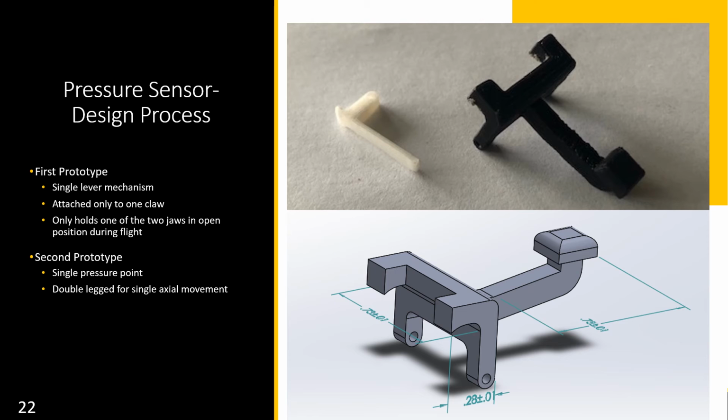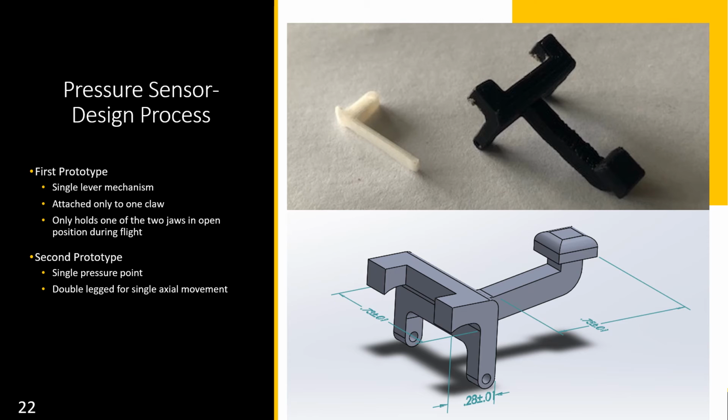The problem with the first one was that when the claw was activated or ready to deploy, the lever mechanism would only hold one of the jaws, which would leave the other one hanging in the air, while the second prototype holds both. And the pressure point, because it has a longer arm, creates more axial momentum.